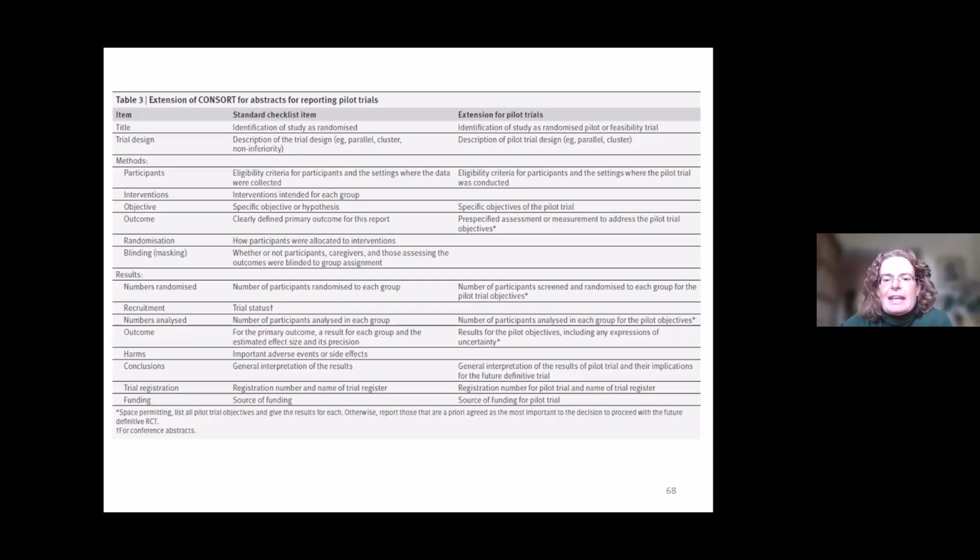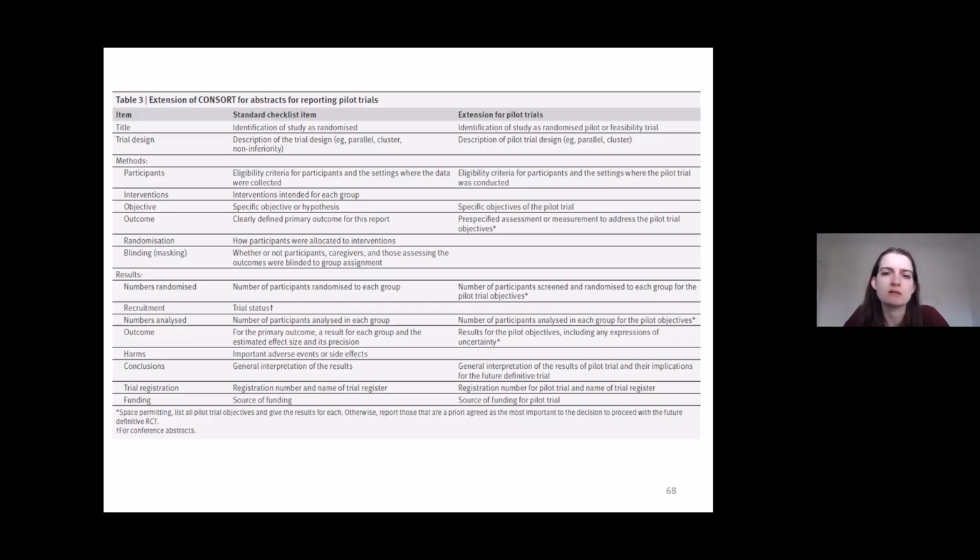And that then relates again to the numbers analysed, relates to the pilot and feasibility study objectives. So that's the real difference that we're looking at in terms of the differences between the main trial and the pilot extension.